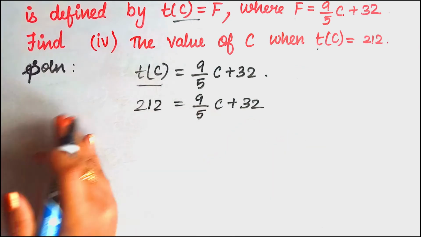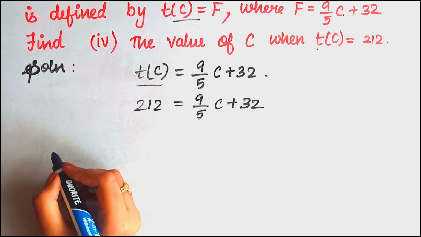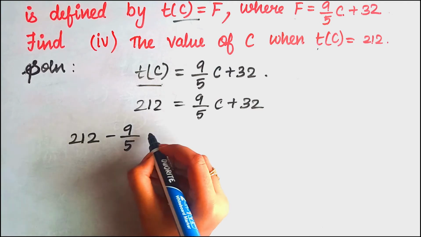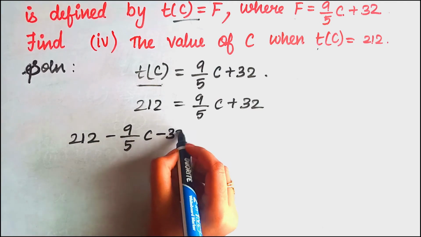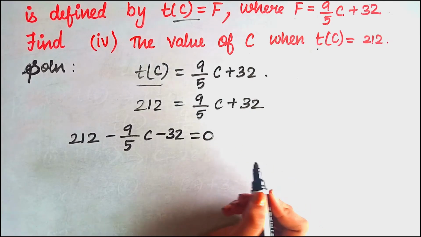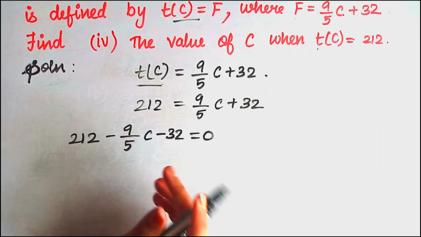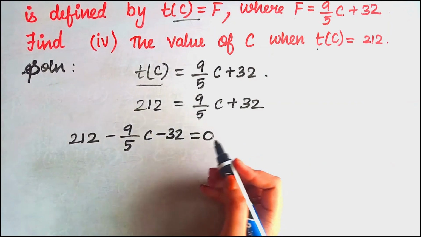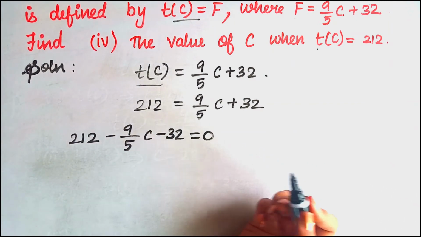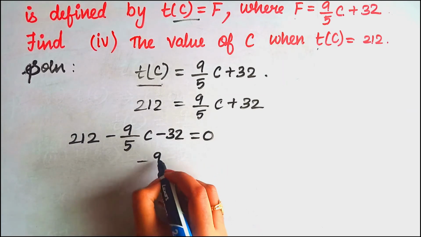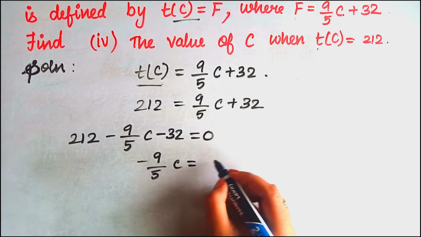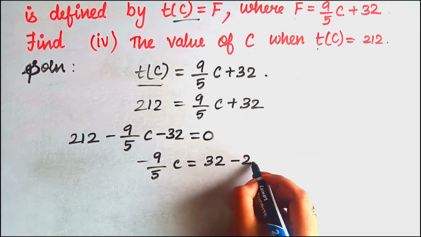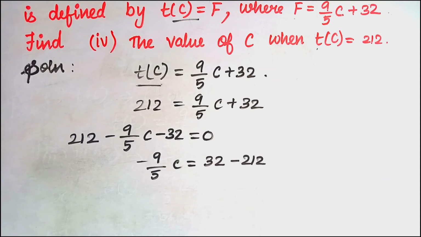So first let's take everything to the left hand side, so that you'll get 212 minus 9 divided by 5 c minus 32 is equal to 0. Now you have to find the value of c, right? So let's keep this particular term this side, and you can take the other thing to the right hand side, so that you'll get 9 divided by 5 c is equal to here there will be a plus 32 minus 212, right?